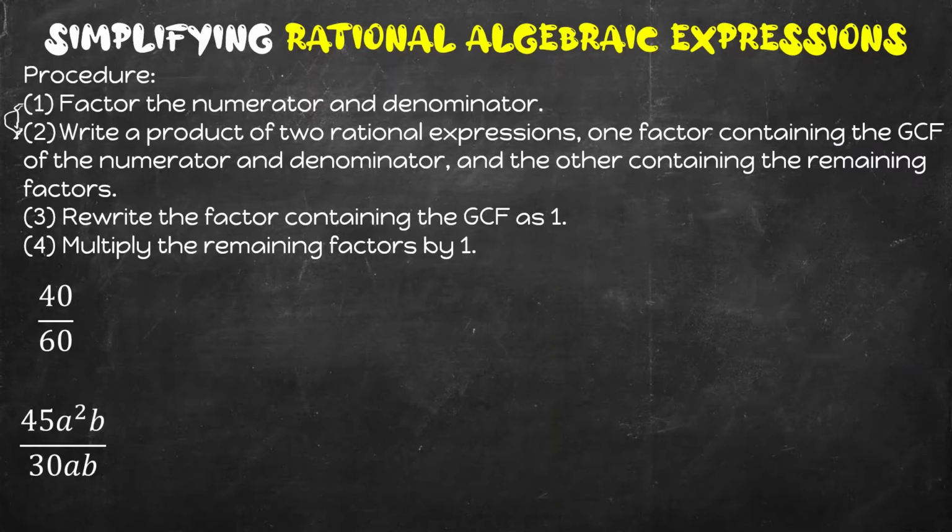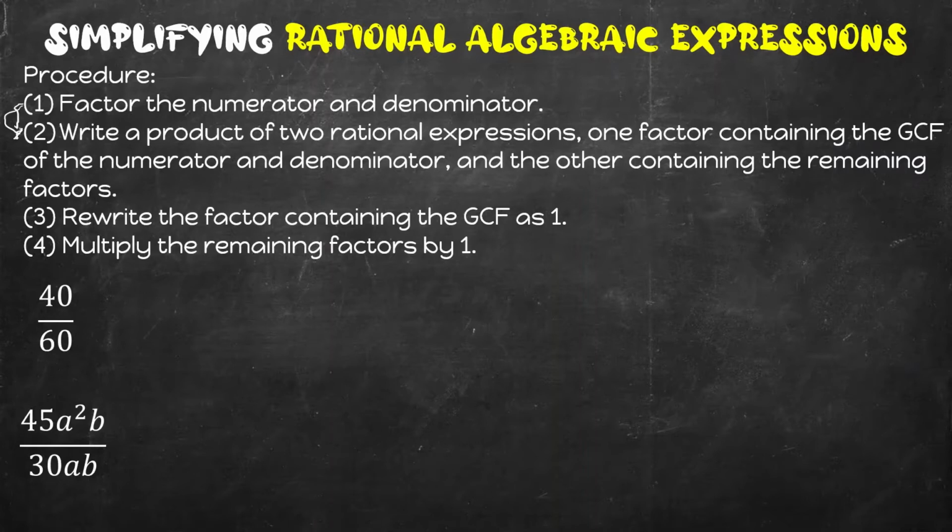So mamaya maintindihan nyo pa ng maigi kung paano ba natin yun ine-evaluate. Pangatlo, we are going to rewrite the factor containing the GCF as 1. Next, we are going to multiply the remaining factors by 1.